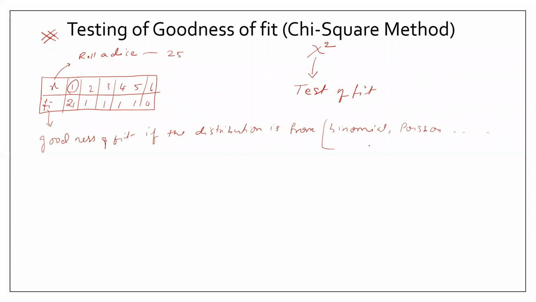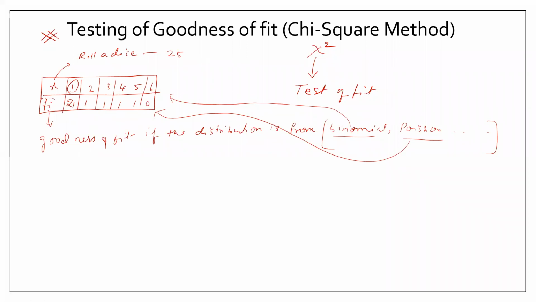We have seen so many distributions in previous chapters. So if binomial, they may tell you that this particular distribution falls into the binomial category, or this kind of distribution may fall in the Poisson category, and so on.